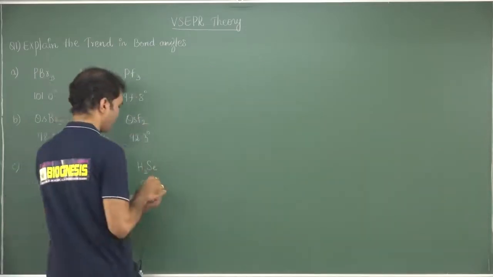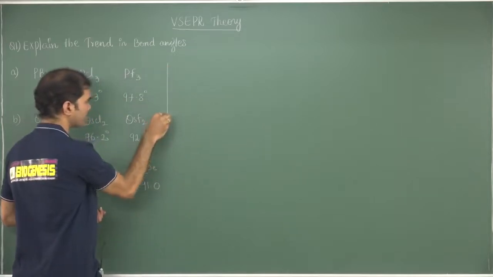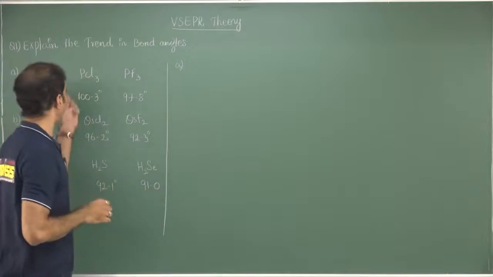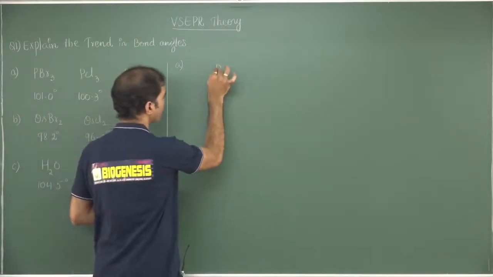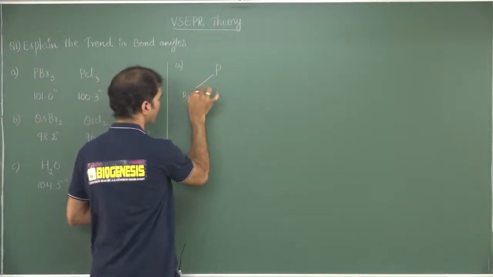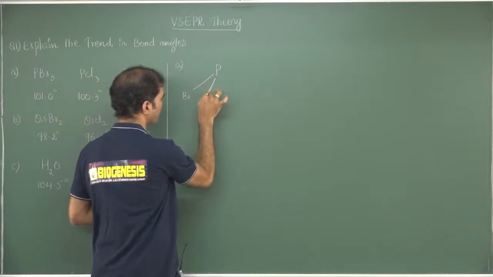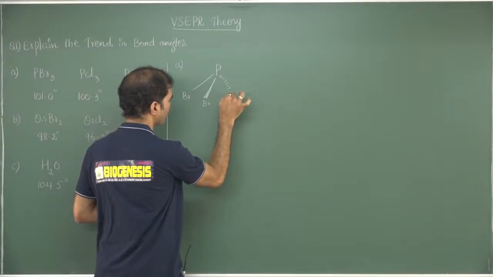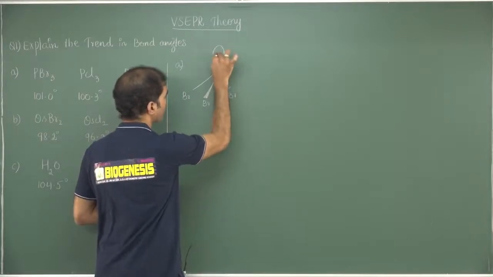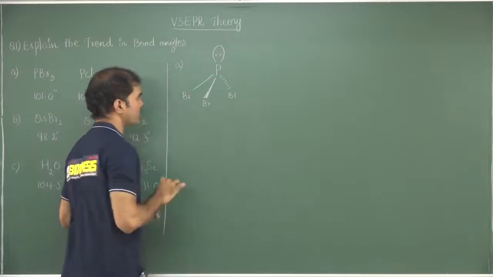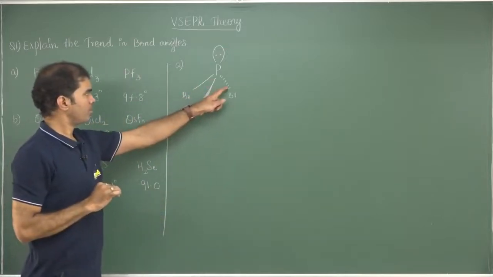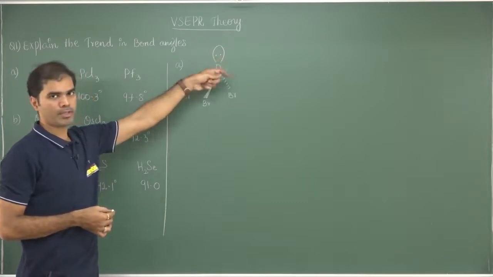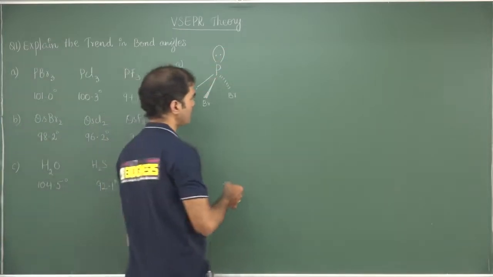Let us begin with A. For A, I will be choosing 2 molecules. The first one will be PBr3. Phosphorus has 5 valence electrons, 3 electrons are involved in the bond pairs, therefore the other 2 electrons must be non-bonding, which will exist as a lone pair.